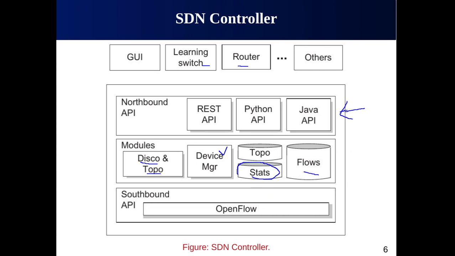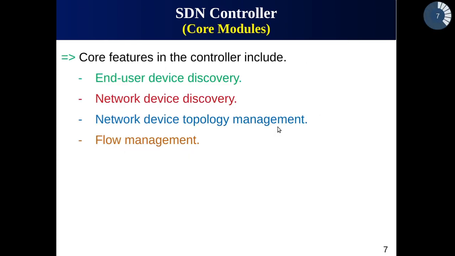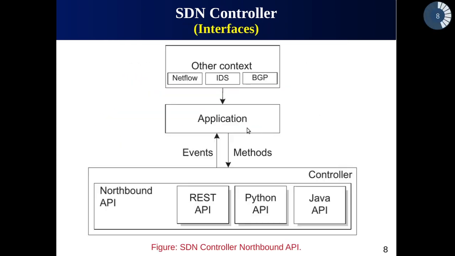So let us take another closer look at the interfaces to have an idea how the controller interfaces with the application, the northbound interfaces. We have the application on top of the controller, and this is the Northbound API, where we have three options available. So it communicates with the application.